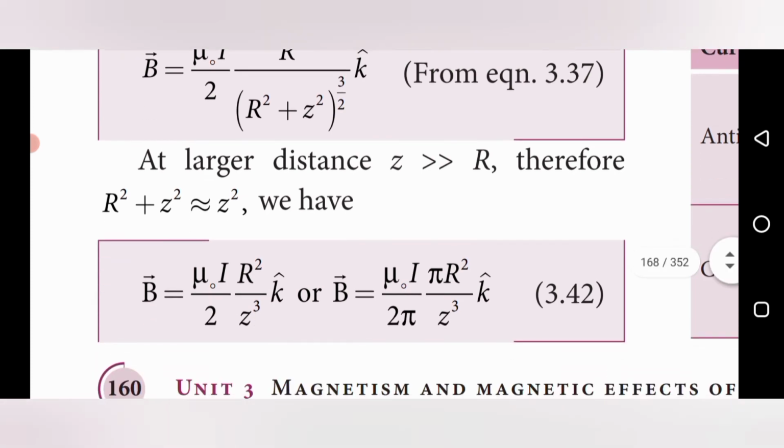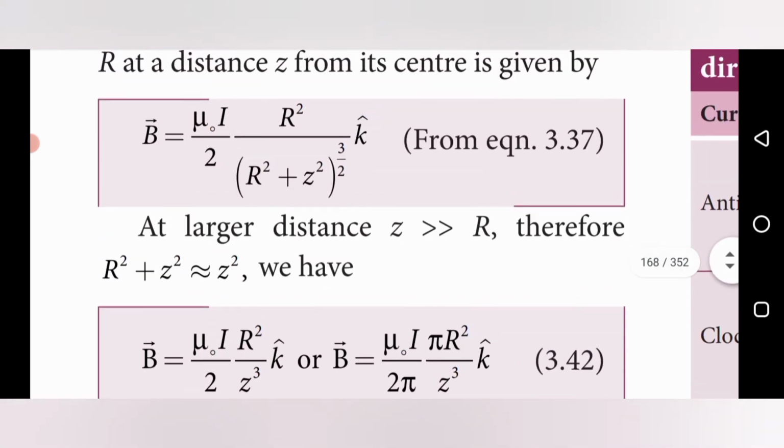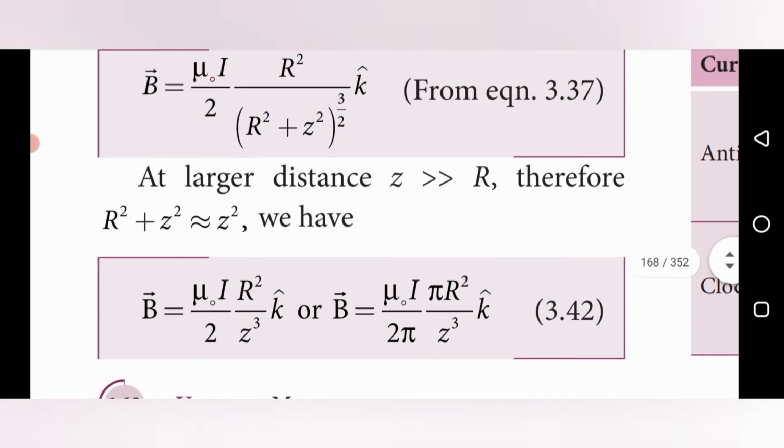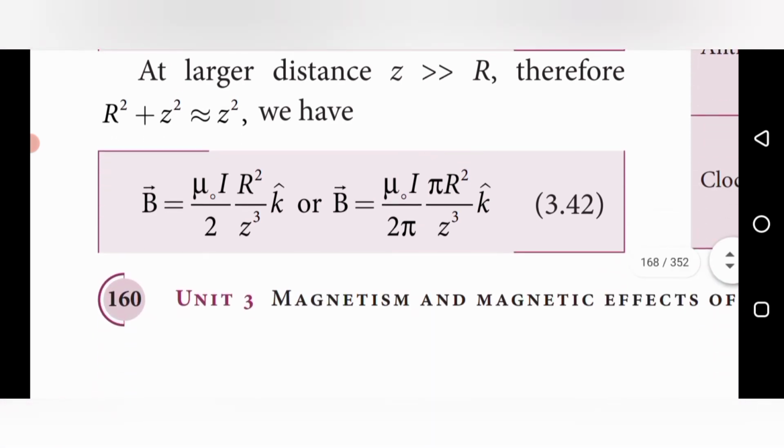Then the equation becomes B vector is equal to mu naught I R square by 2 Z cube. So that is the equation.